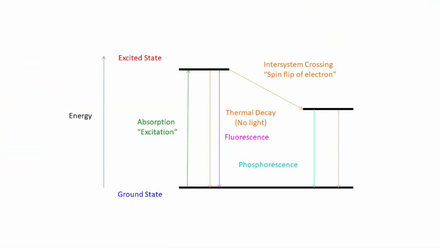The ground state is the lowest energy state that the atom can be. All the electrons have the lowest amount of energy they can. But if you use something like an electric shock or a very high energy light source, you can give the electrons in the atom a lot of energy, and they're going to use that energy to move up to a higher energy orbital, which is called the excited state.